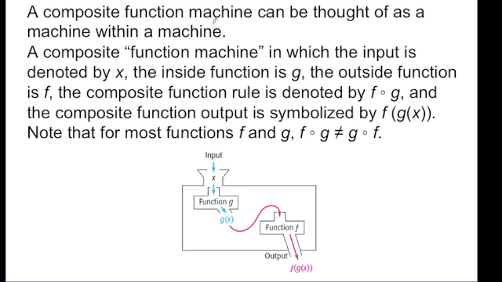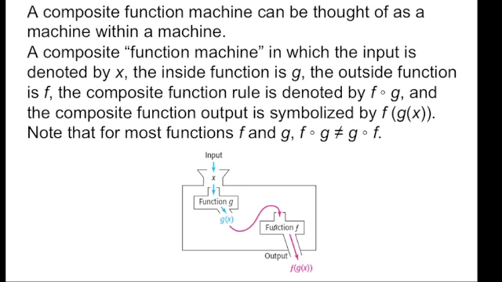The composite function machine can be thought of as a machine within a machine. In the composite function machine, the input is denoted as x, the inside function is g, and the outside function is f.